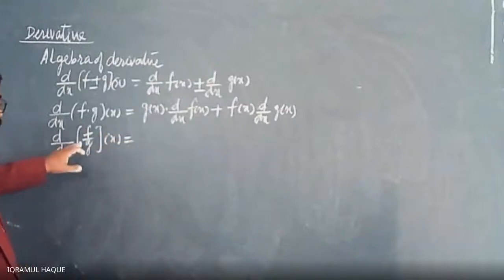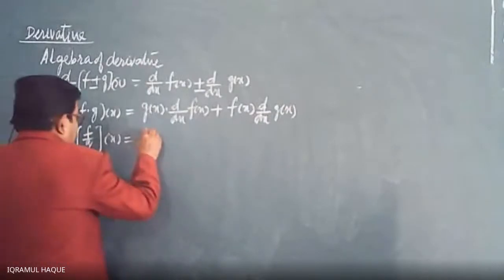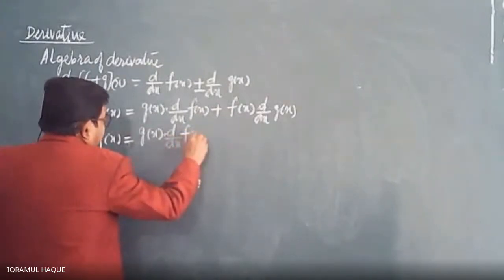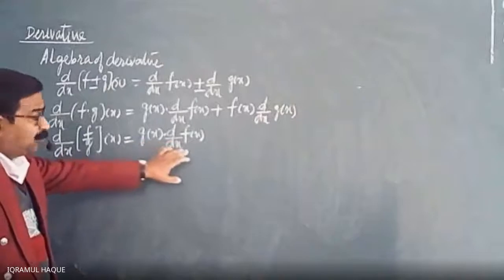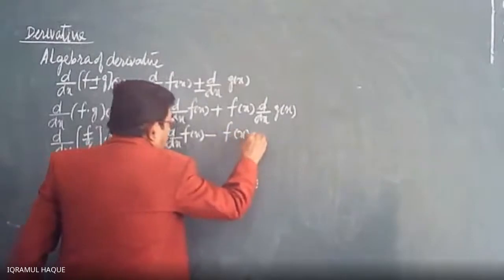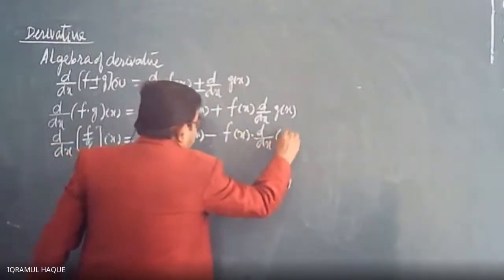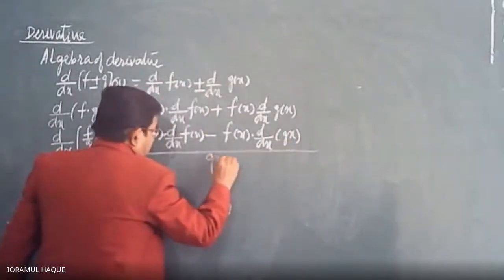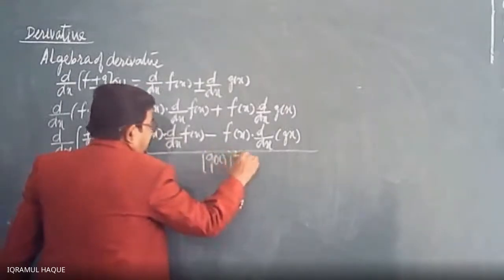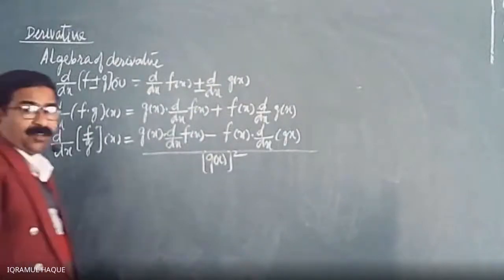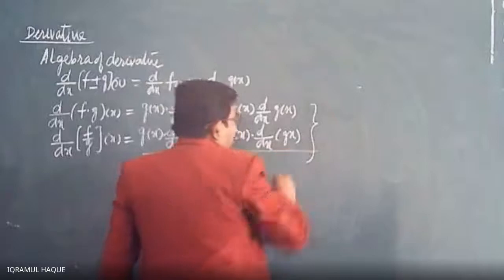We write the derivative of numerator: g of x into d of dx of f of x, meaning denominator into derivative of numerator, minus f of x, numerator into d of dx of denominator, upon g of x whole square, denominator whole square. So this is the method.